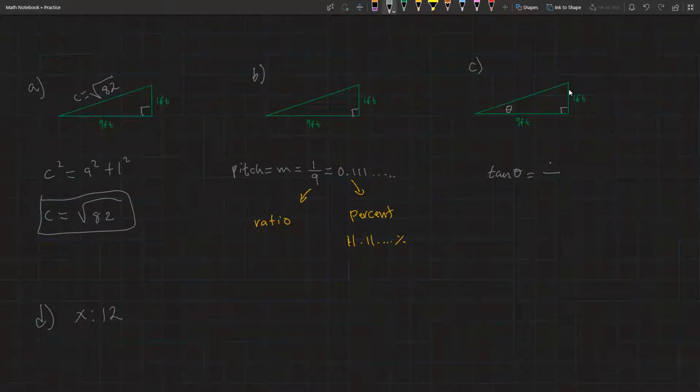Just to remind you, it was opposite over adjacent, right? So the opposite is 1, and the adjacent is 9, as I had pointed out already. Opposite over adjacent is 1/9. Therefore, tangent of theta is just 1/9, which you could have skipped this step, but this is a reminder if you forgot.